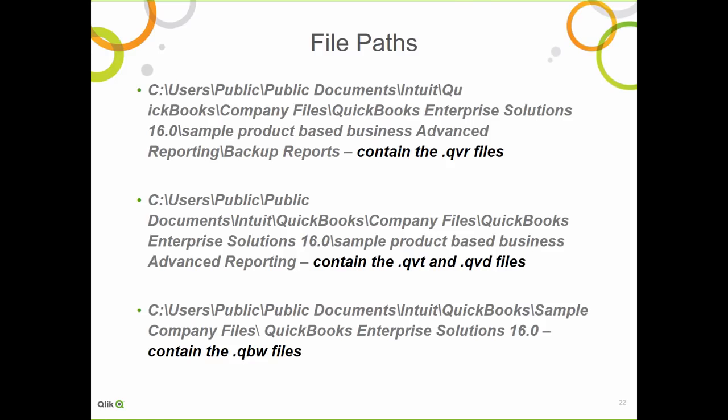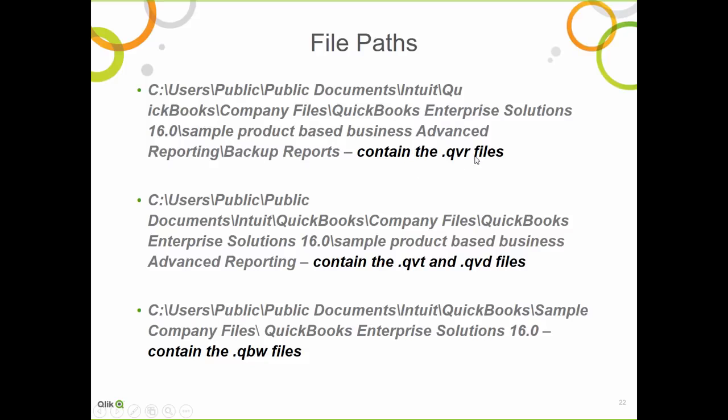So this is kind of the example file path that I'm showing you that shows you where some of these file types will reside. For instance, this one is users, public, documents, then Intuit and QuickBooks, after that you'll see company files, and then QuickBooks Enterprise Solutions, our version of 16.0. From here, it may change for all of you because you might be using a different company file. So this part probably will be different for you.